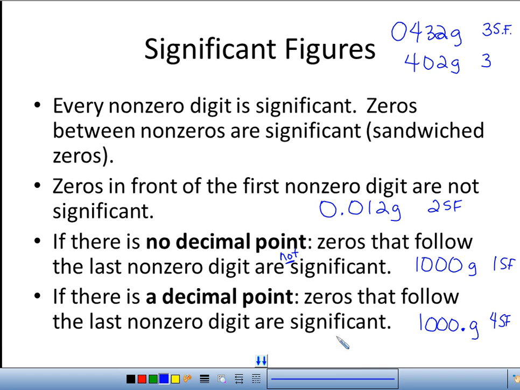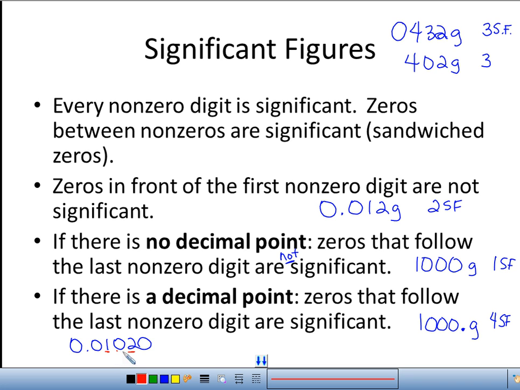Alright. So what about a number like this? 0.01020. Alright, so what do we know? Let's talk about our sig figs. We know all non-zero digits are significant. So that 1 is significant, and that 2 is significant. Okay? We know zeros between non-zeros are significant.